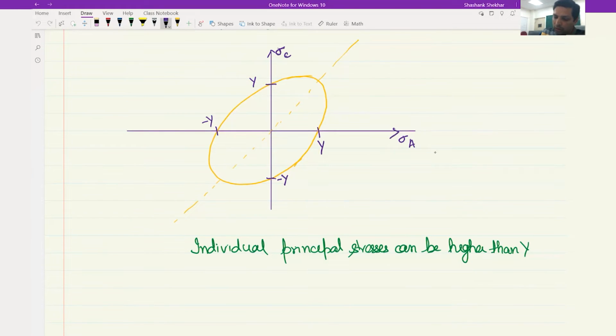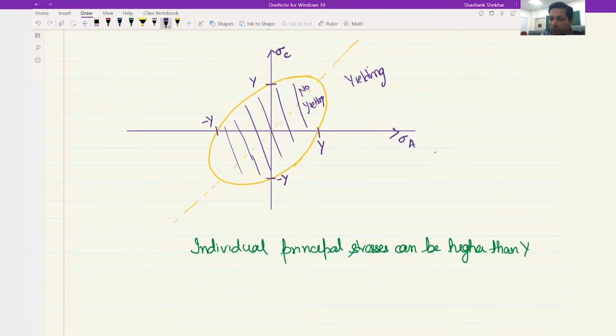So this hatched region is no yielding, and everything beyond this is yielding. And the line describes the partition from no yielding to yielding.